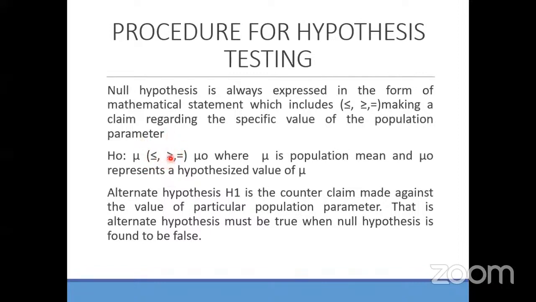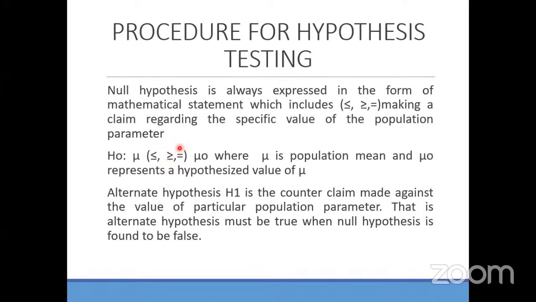Suppose null has a less than or equal to or more than or equal to sign. In those cases, we say they are one-tailed tests. Why one-tailed? Because in the case of less than or equal to in null, alternate will be on the right-hand side, so error will fall only on the right-hand side. If null has a more than sign, then the alternate hypothesis will have error only on the left-hand side.